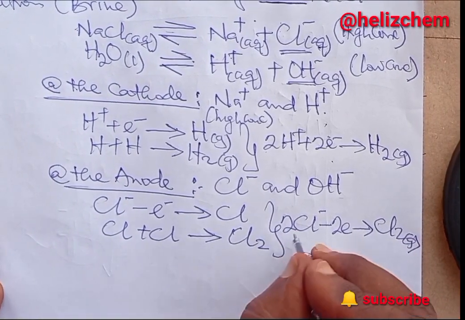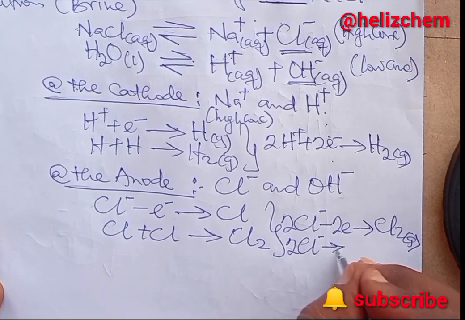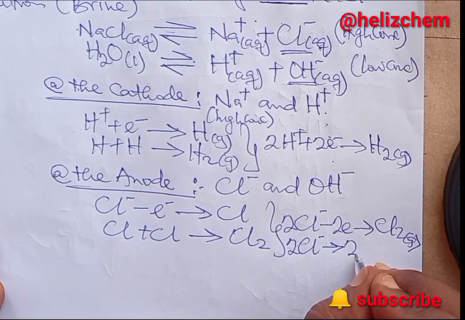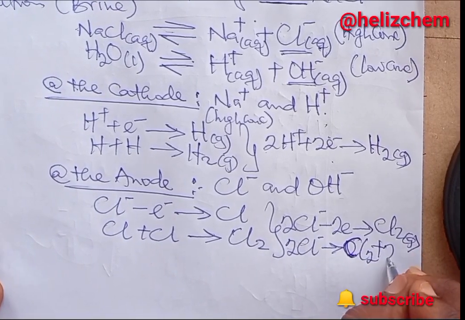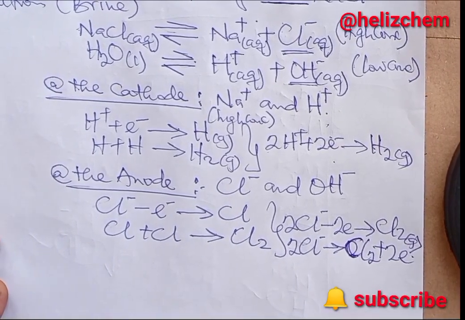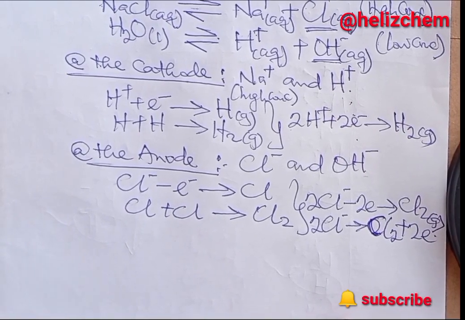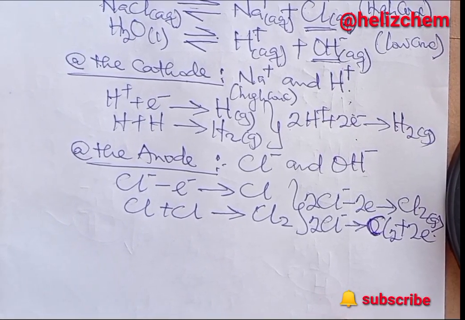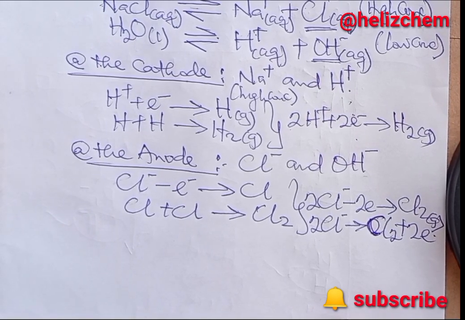But in chemistry, we don't write a negative equation. So we have something like this. We have Cl2 plus 2e-. That is that. Now let me explain. Chloride ion will be discharged because of the high concentration.